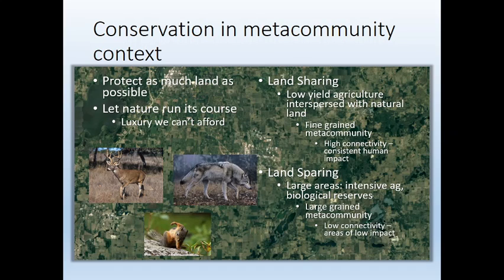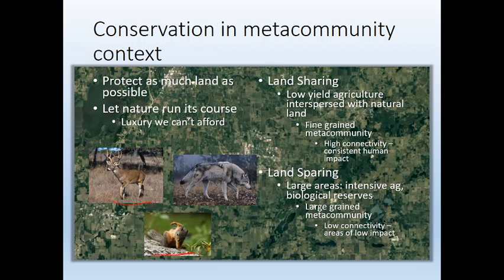And the thing is, when we're thinking about how to conserve species, it really depends on what species we're talking about, the identity. So a fine-grained metacommunity is going to work perfectly fine for a squirrel, right? A little squirrel doesn't need that much, or a population of a squirrel doesn't need that big of a patch to have a totally fine population.